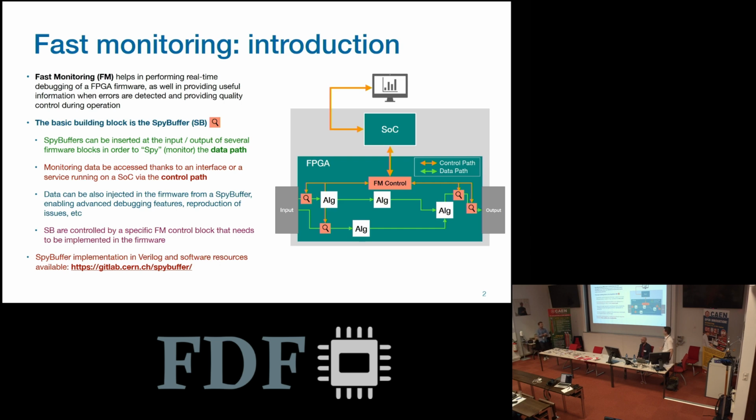But the concept of data path and control path may be too focused on the fact that this is all going to be the content of one single gateway. The data path is just what your FPGA would normally do without the Spybuffers, and the control has to do with all that is connected to the Spybuffer and what you can use for monitoring. Okay, so thank you very much.